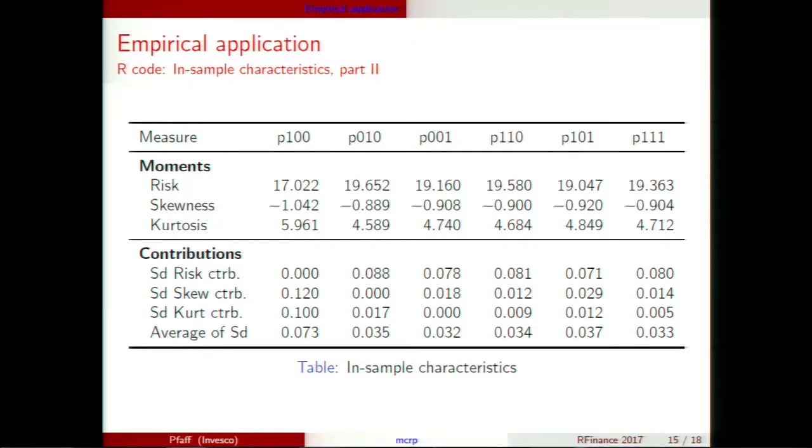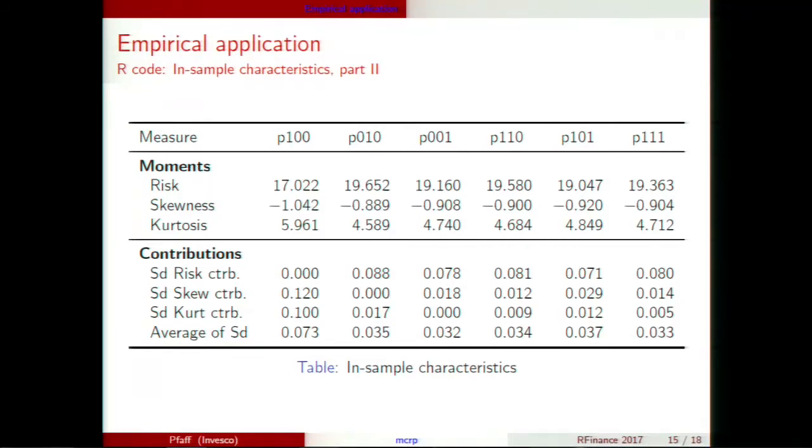And the overall average standard deviation, now viewing risk in terms of a combination of contributions with respect to the portfolio standard deviation risk, the contributions to the skewness risk, as well as to the kurtosis, the average of all this is 700ths, roughly.